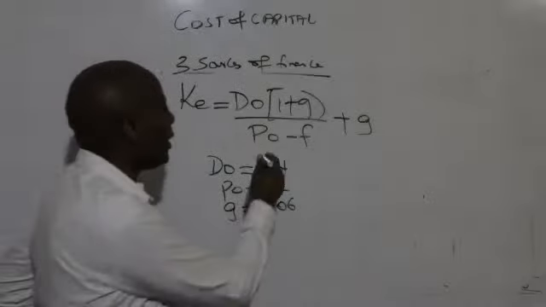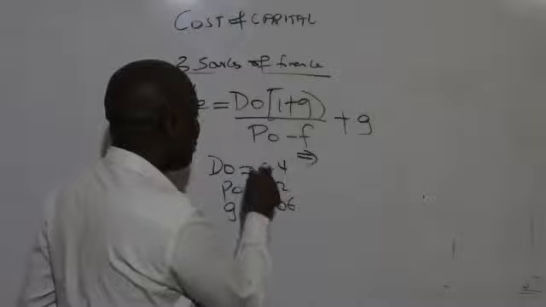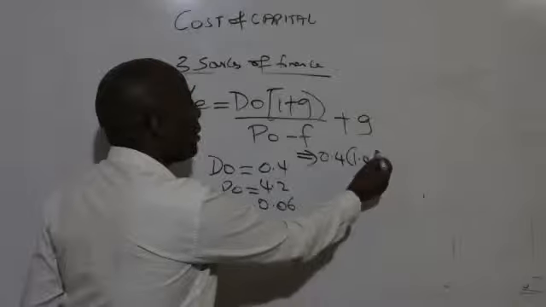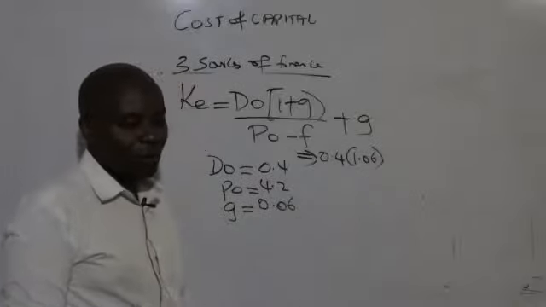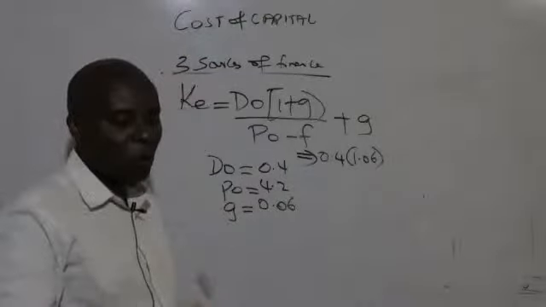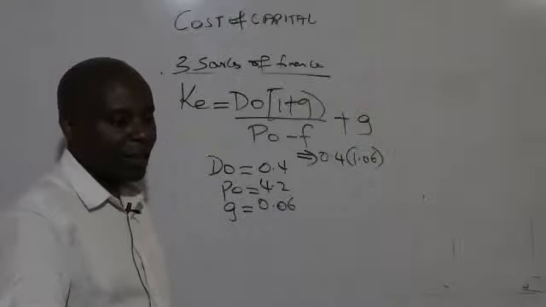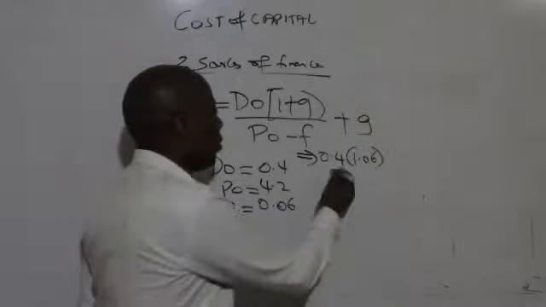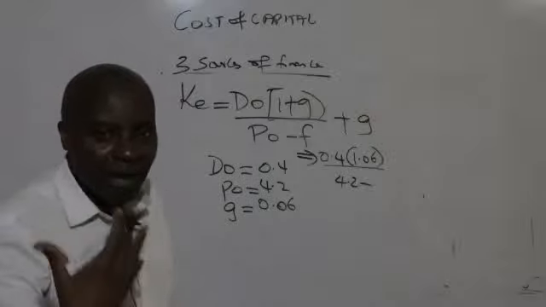So our Ke here will be equal to our D0, which is 0.4, into 1.06, that is 1 plus growth rate, 1 plus 6%, 1 plus 0.06, all over P0 which is 4.2. We don't need any money to float our shares, nothing for marketing our shares.